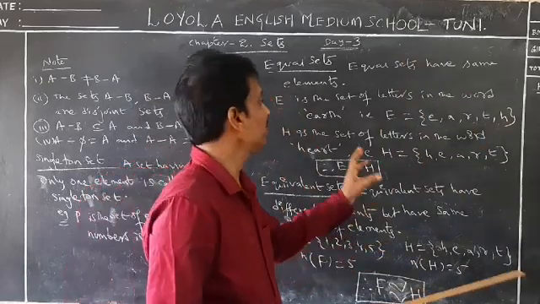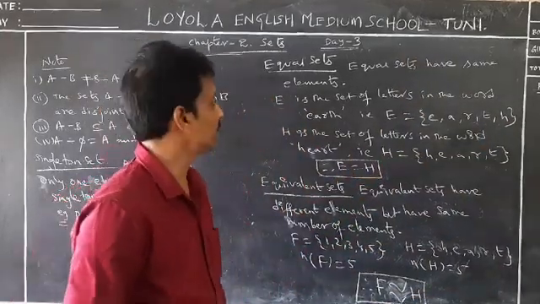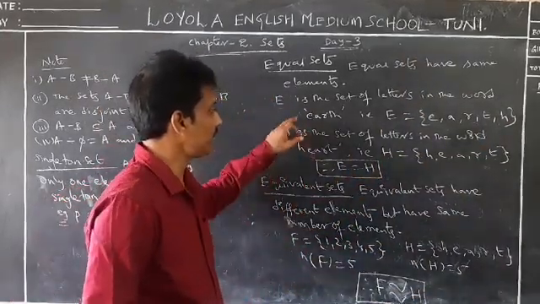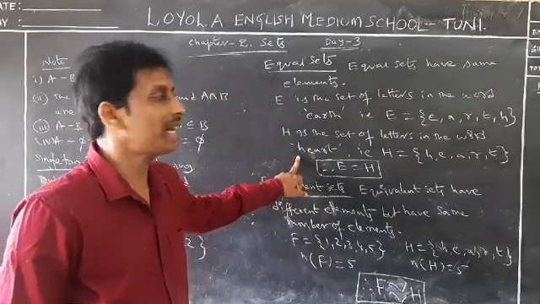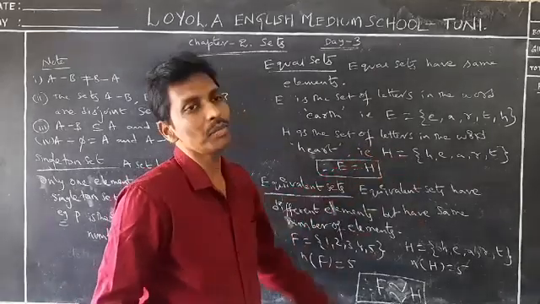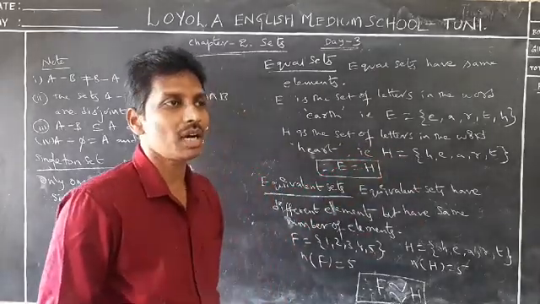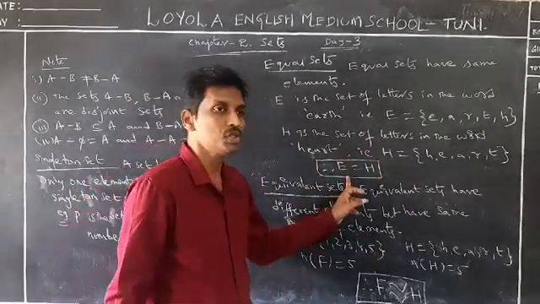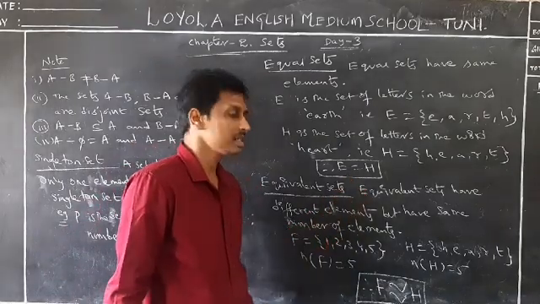Even though the two words, earth and heart, are different, by converting them to sets we see the two sets consist of the same elements. Then the two sets are said to be equal sets.